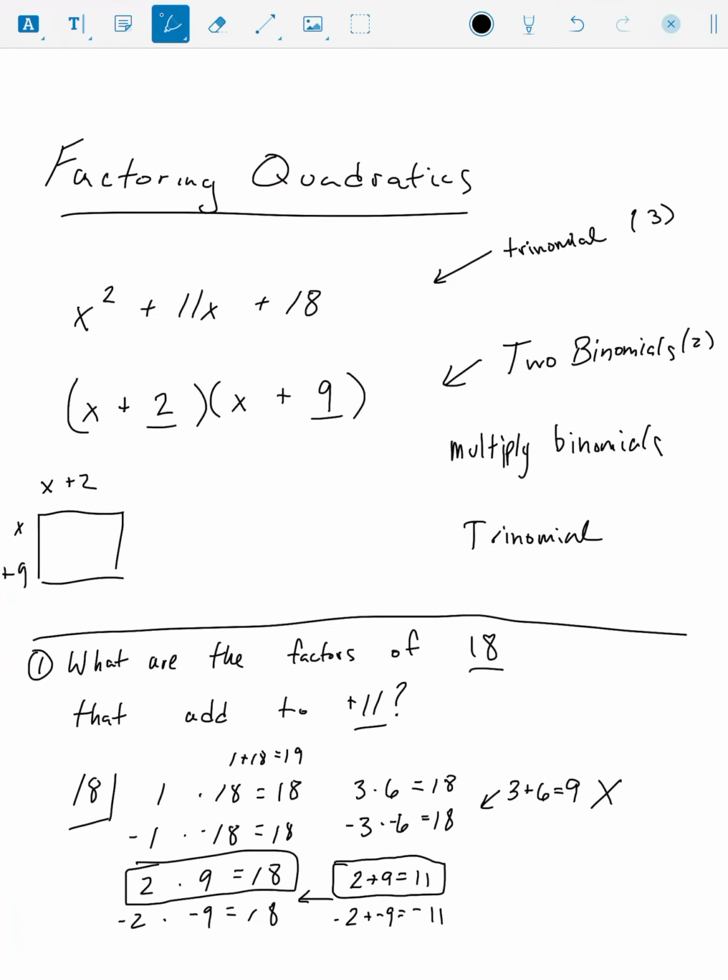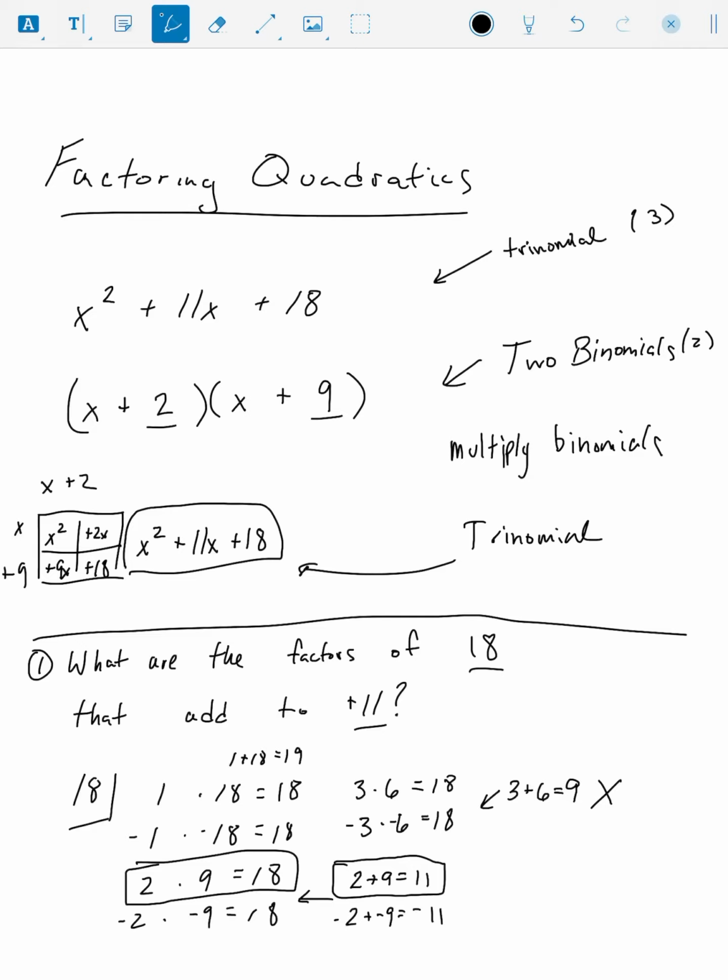Whoops, sorry about that. And I get x squared plus 2x plus 9x plus 18. And if I was to rewrite that, I have an x squared term, I have 2x plus 9x is 11x, and plus 18. Well, guess what? I've gotten my trinomial I'm looking for.